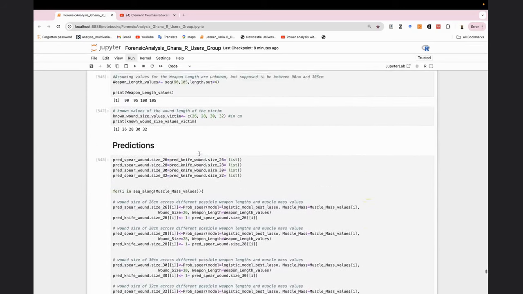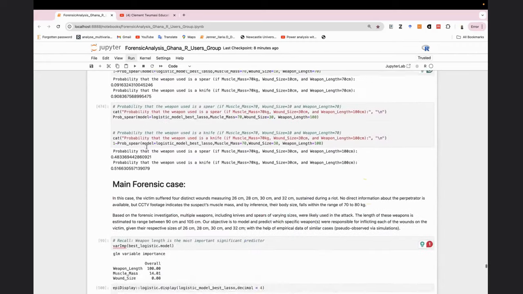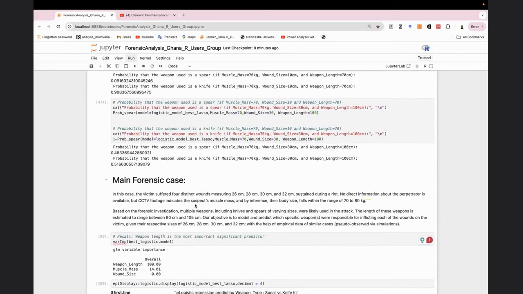Okay, so all I've done now is that we said the wound length was 26, 28, 30, and 32. Then remember in the forensic case, we said we don't know the muscle mass, but we believe that the muscle mass will be between 70 and 80, according to the forensic team.